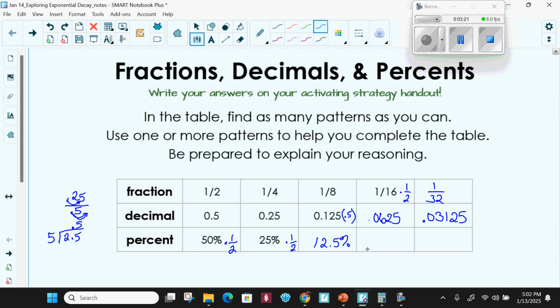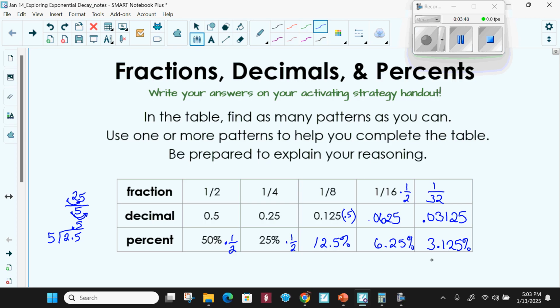And if we divide that in half, that gives us 6.25%. And if we divide that in half, we're looking at 3.125%. So you can see as we go through multiplying by the 1/2 to each percentage, we decrease our percentage value.